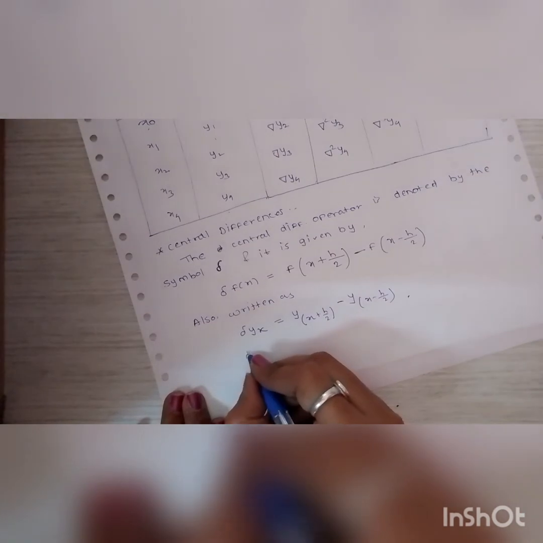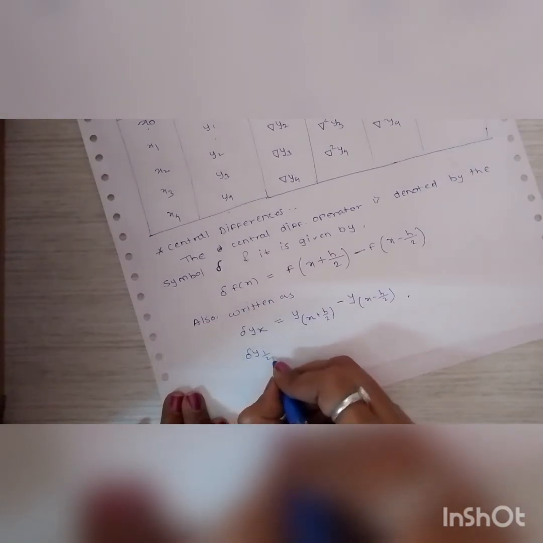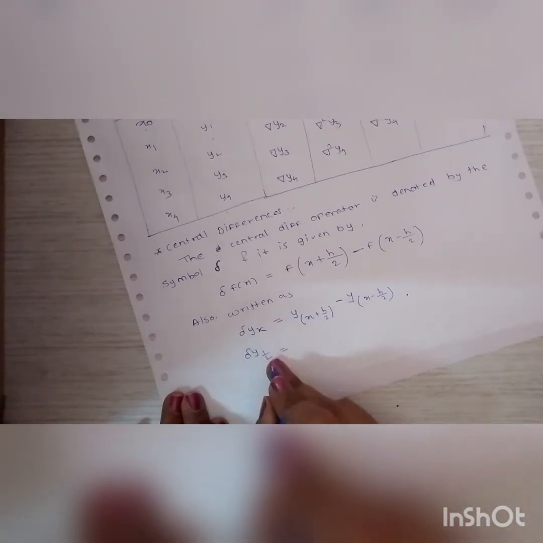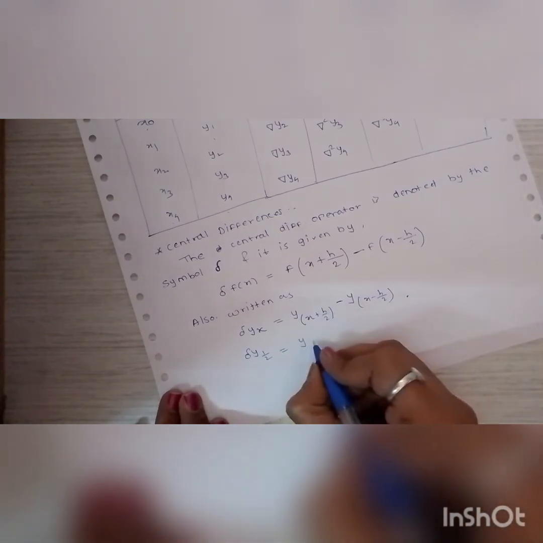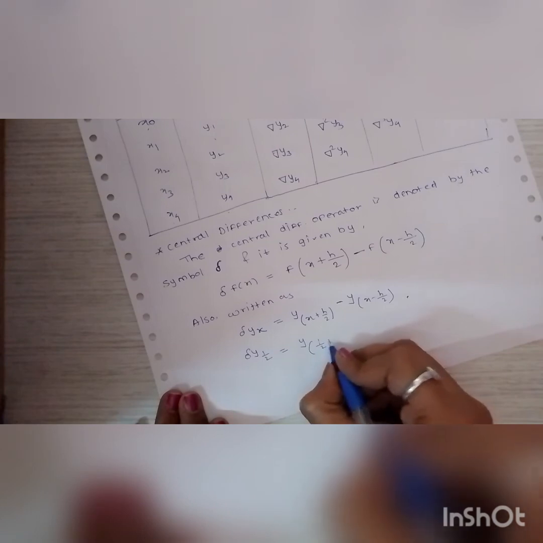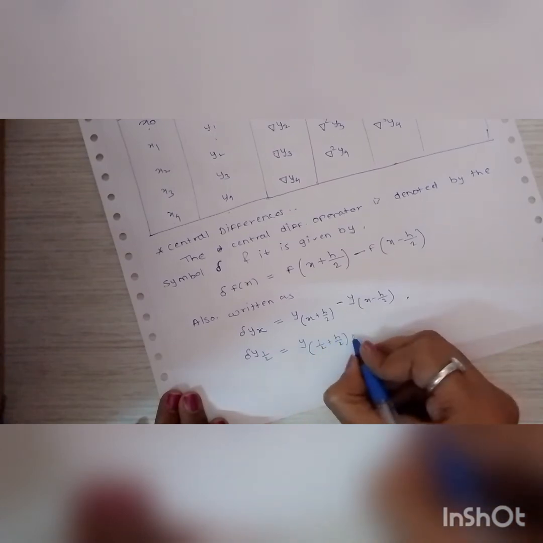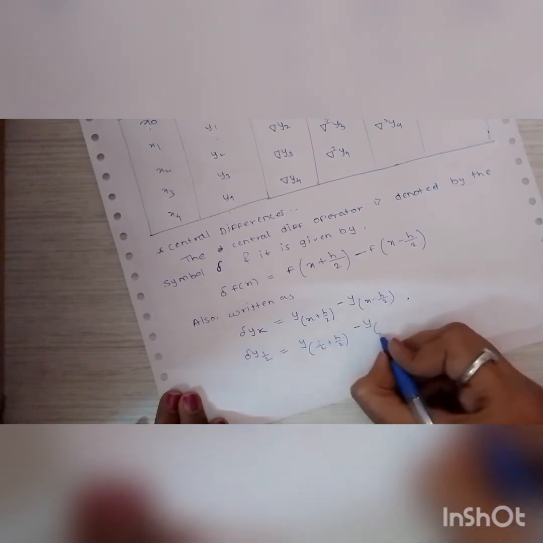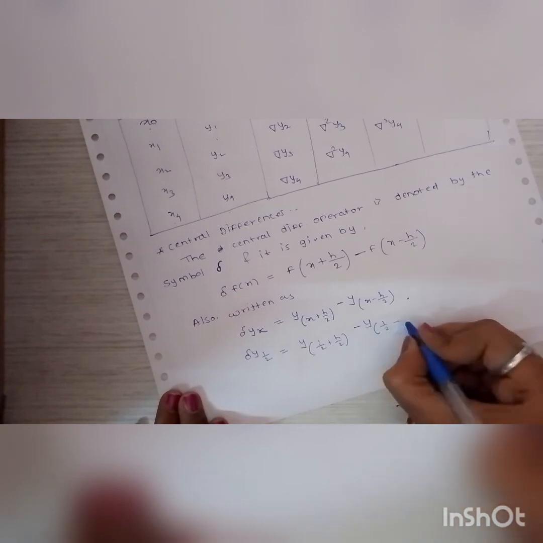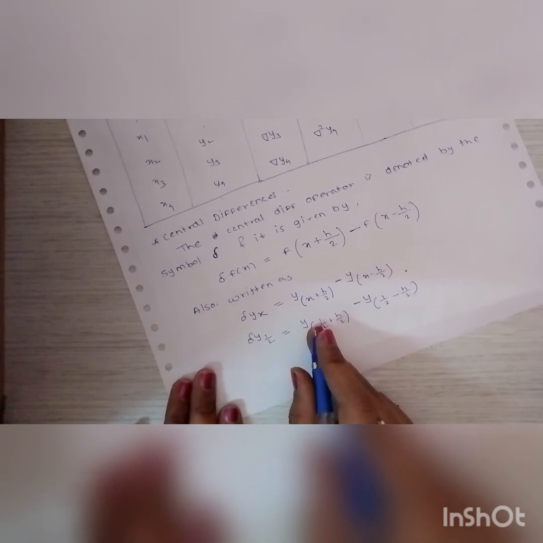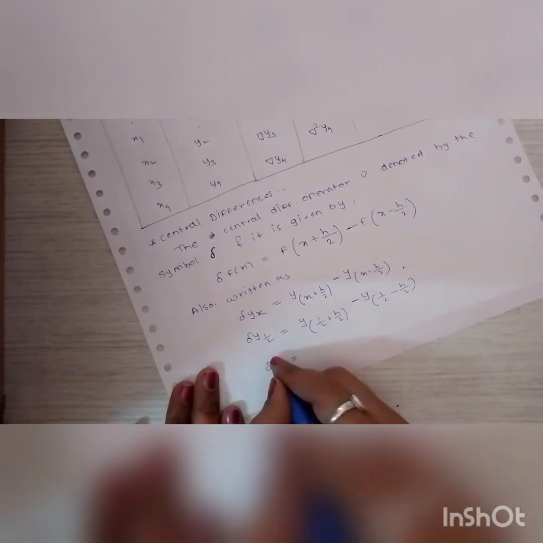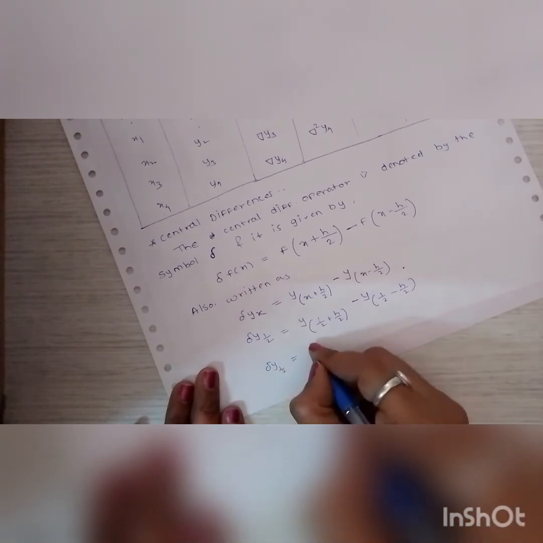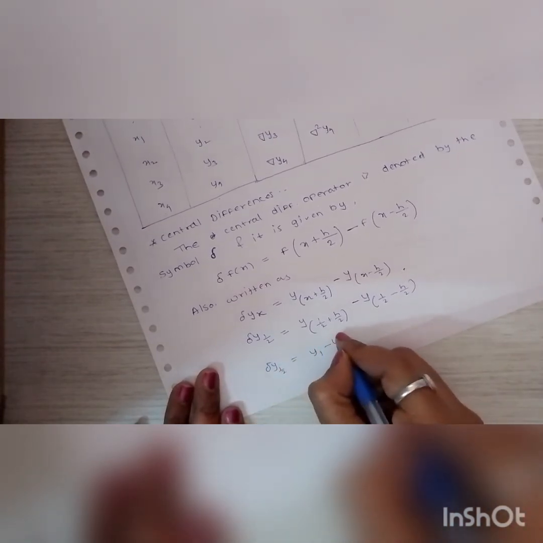Del y half. Therefore, if we take the value of x as half, we get y of 1 by 2 plus h by 2 minus y of 1 by 2 minus h by 2. Or also del y 1 by 2 is written as y1 minus y0.